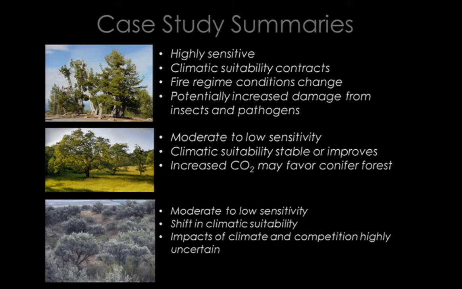With Oregon white oak, there was a fair amount of certainty that things wouldn't be terrible, and climatically it might actually be improving, but there are other factors that may be detrimental. So there are still uncertainties there. And then sagebrush steppe had a lot of uncertainty, as we just looked at.